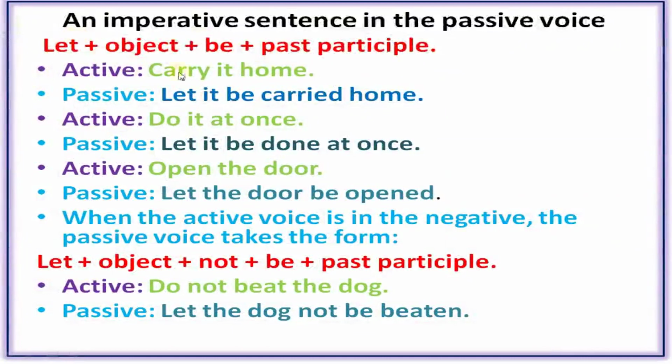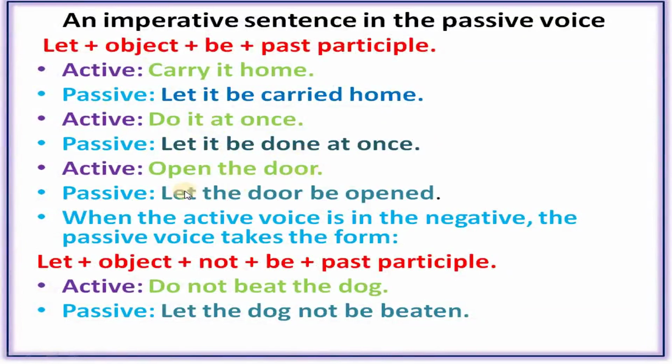Carry is the verb and "it" is the object. So, according to this formula, "Let it be carried home." Another: "Do it at once." "Let it be done at once."